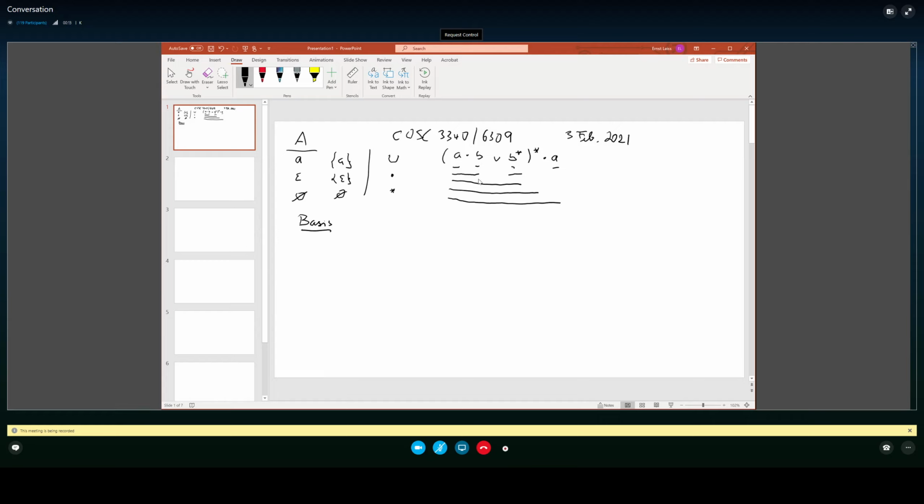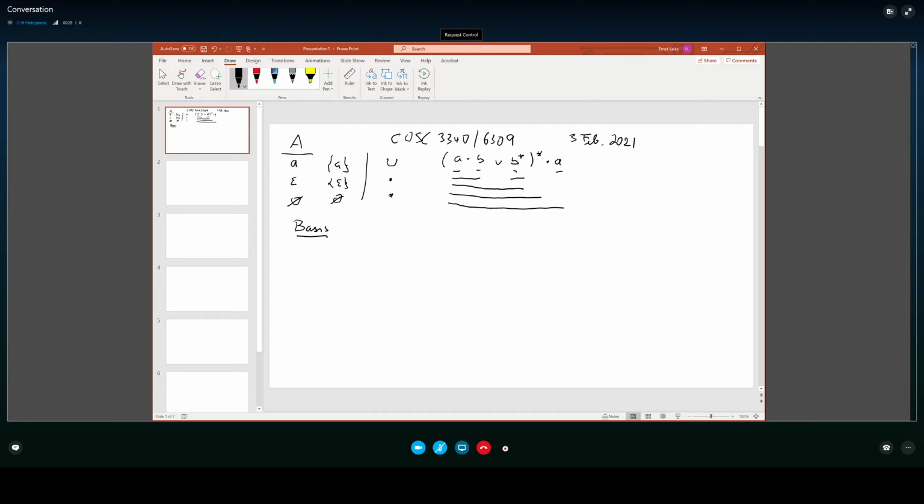I need a non-deterministic finite automaton that accepts precisely the language consisting of the empty word. And I need another non-deterministic finite automaton that accepts nothing. So, let's start with the first one, the language consisting of the letter A. What would you suggest?